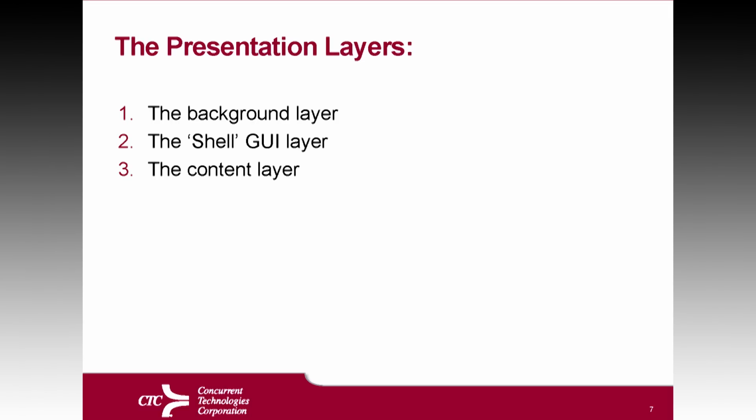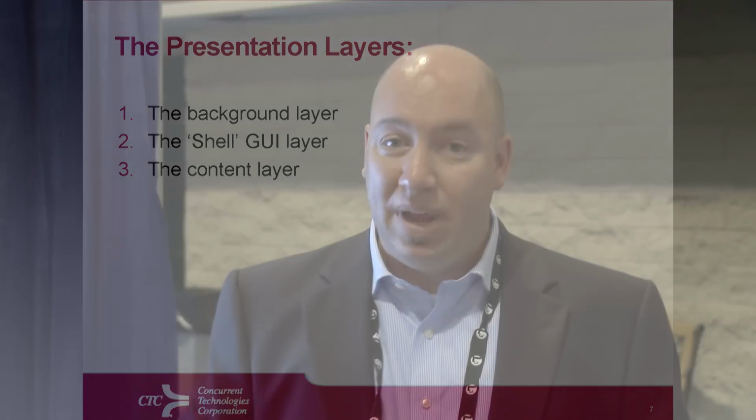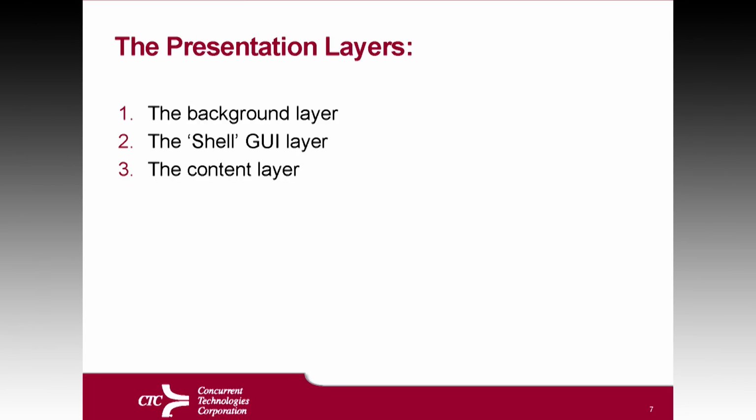So, inside the presentation layer that I've been speaking about, there's actually three separate layers. The concept behind this is that it allows you to have an adaptive design, a design that can be changed from project to project. You could have one solid skin and get rid of the first layer, but we allow for easy update of this background layer to change the look and feel of the product. So we start with the background layer.